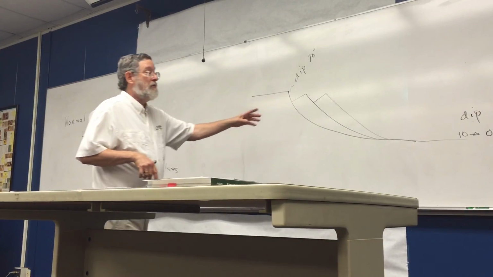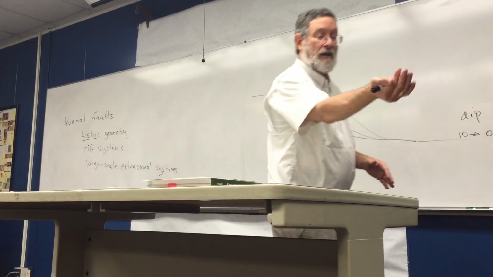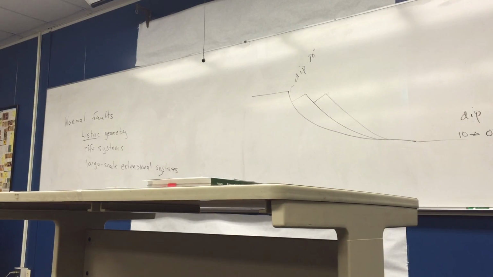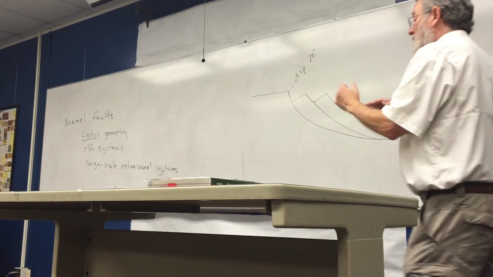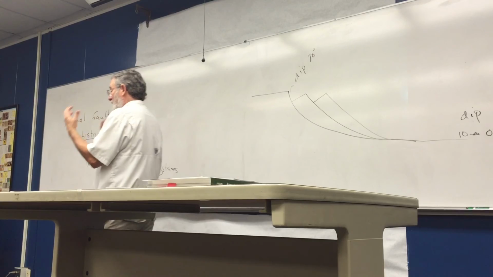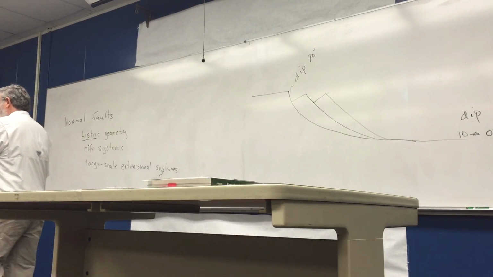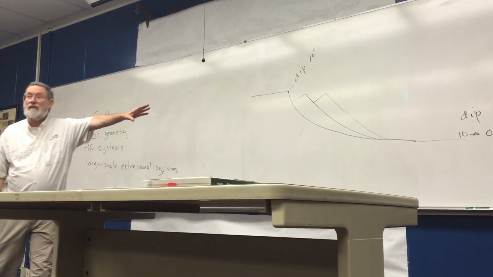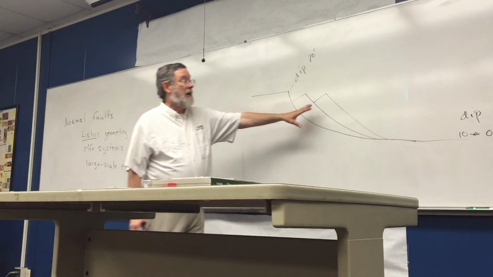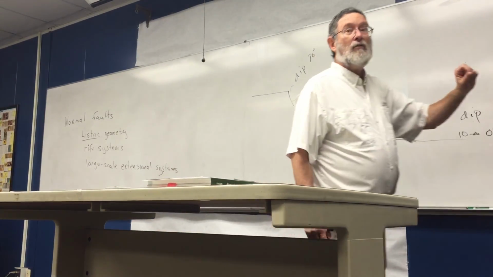Some of the deep plays that you have in the Niger Delta are taking advantage of this geometry. So if you go into oil and gas exploration, production, engineering, and you end up in the Niger Delta, you're going to be playing with a Listric normal fault system that has some pretty intriguing reservoirs.